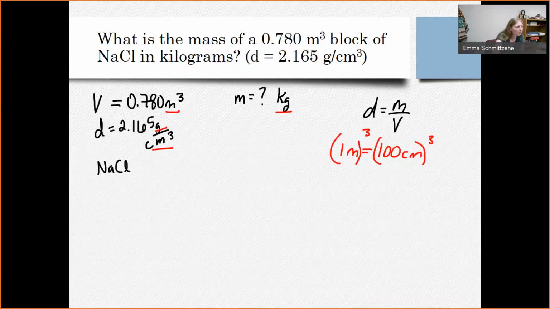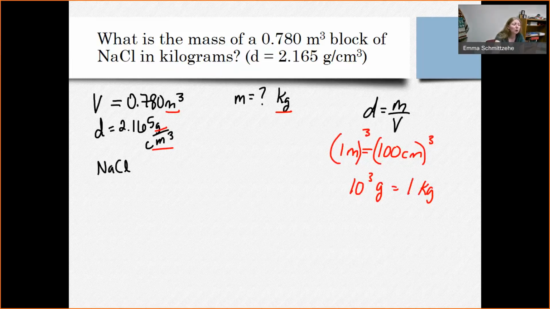I know the relationship between grams and kilograms. A kilogram's bigger, so 1 kilogram should be 10 to the third grams. Those are some extra pieces that you may not notice before you start trying to solve the problem, but eventually you should notice that you need that stuff. All of that we should be able to put together and solve for mass.